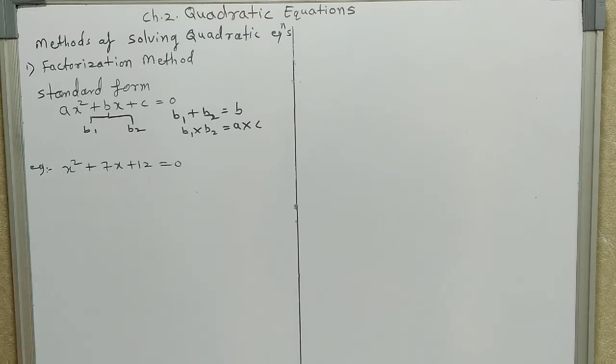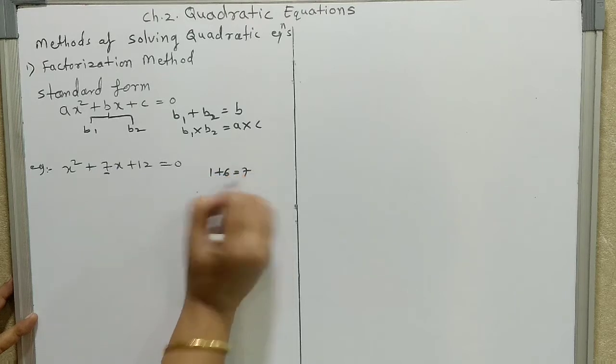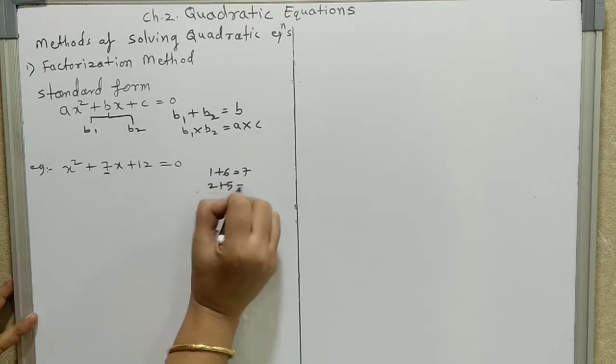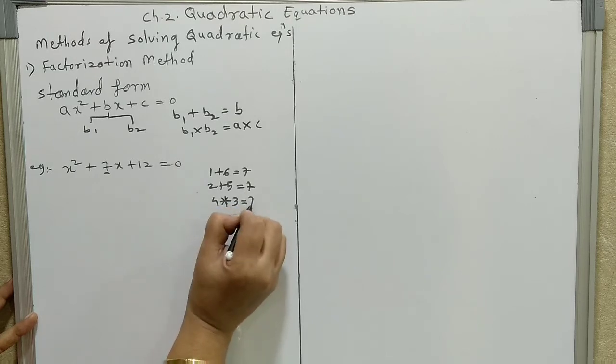Now we see one example, x square plus 7x plus 12 equal to 0. To solve by the factorization method, how do we split up this 7? There are many factors of 7. 1 plus 6 is equal to 7, 2 plus 5 is equal to 7, and 4 plus 3 is equal to 7.